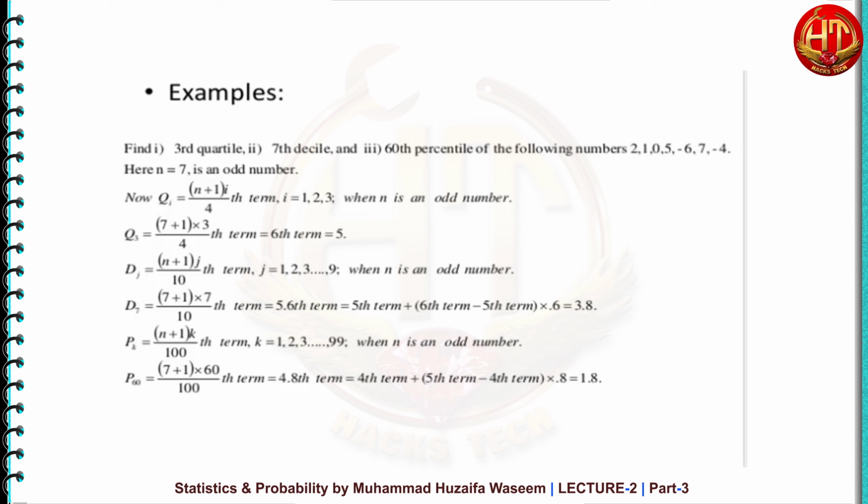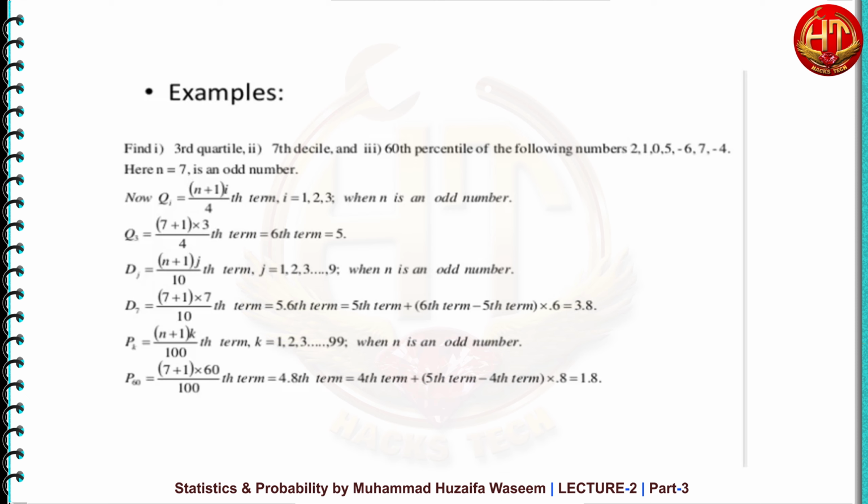Then (7 + 1) multiplied by 7, divided by 10. So your value is the 5.6 term. The 5.6 term means the 7th decile lies between the 5th and 6th value. So 5th term plus 0.6 multiplied by (6th value minus 5th value). So your answer is 3.8.